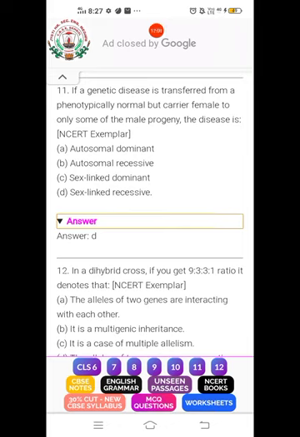Sex-linked means the genes are located in the X chromosome. The Y chromosome has only a few genes. And in the recessive condition that disease or character will appear. So the answer is X-linked recessive.